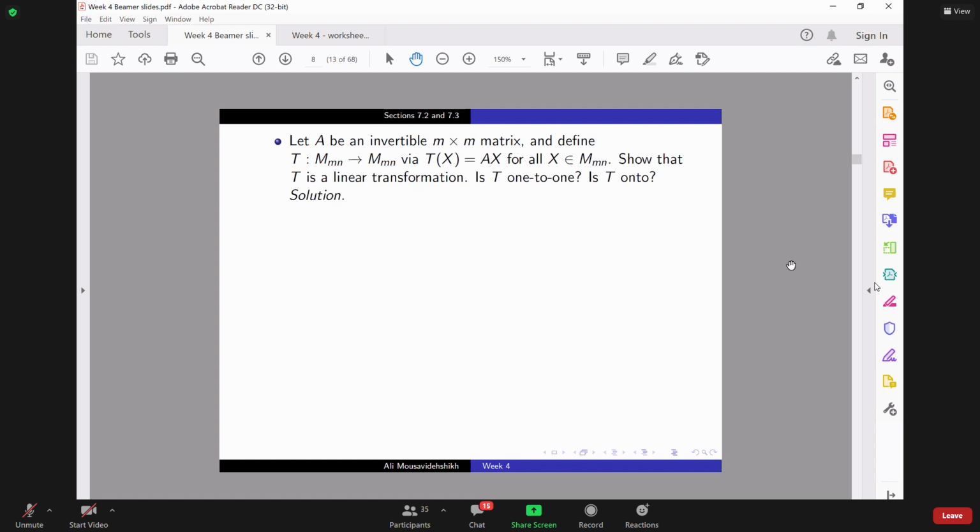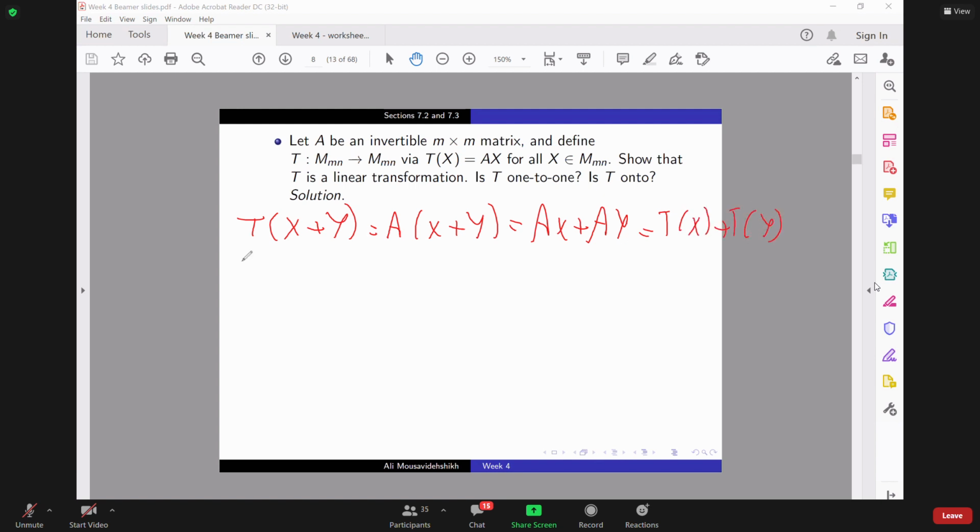If you look at T of X plus Y, this becomes A times (X plus Y), which is AX plus AY, which is T of X plus T of Y. And if you take a constant, so that proves this portion.